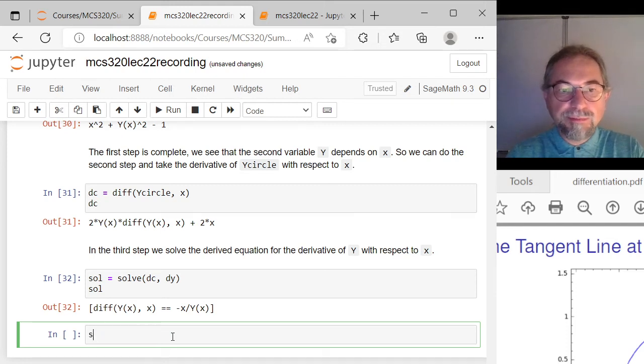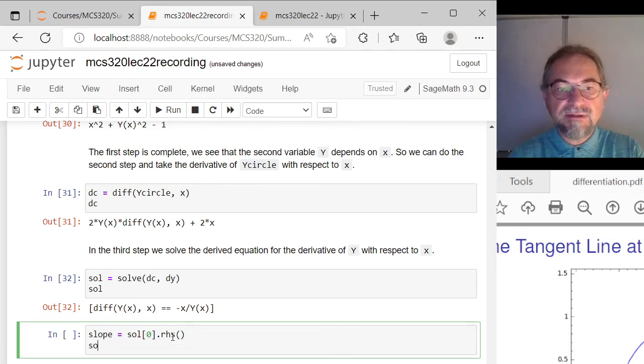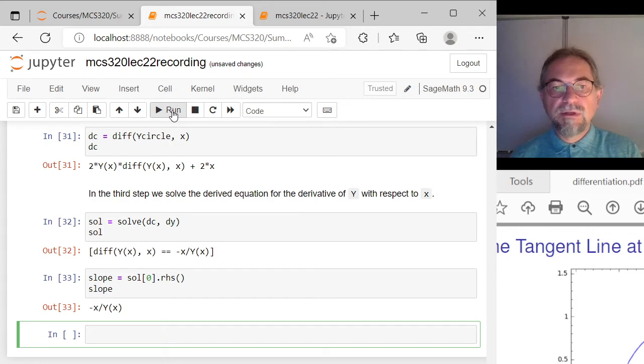So the expression for the slope is the first component of the list, and the first component of the list is an equation, so I have to select the right hand side. And this is the symbolic answer to the question: compute an expression for the slope.